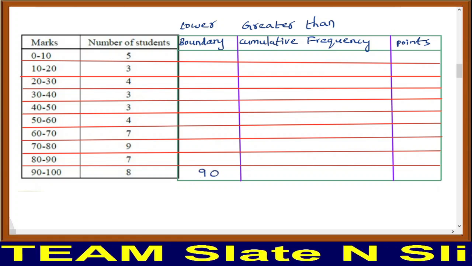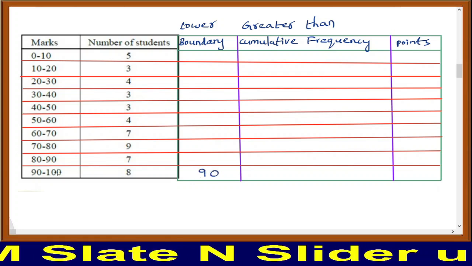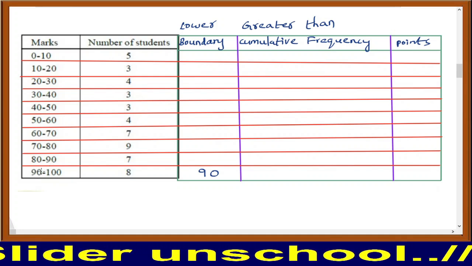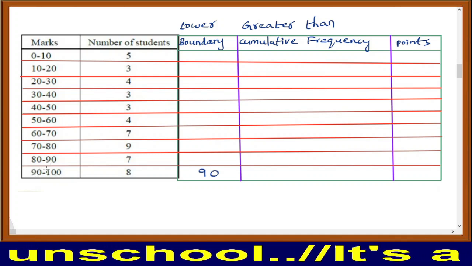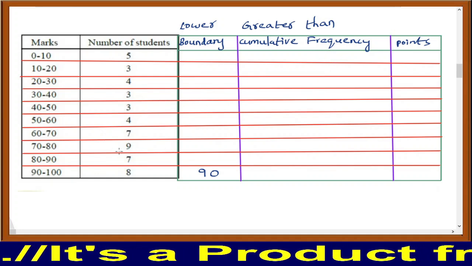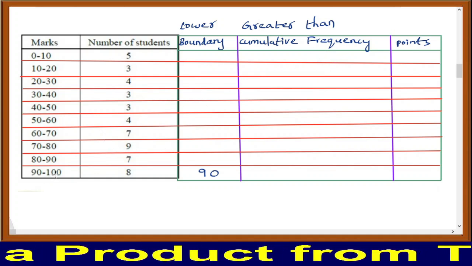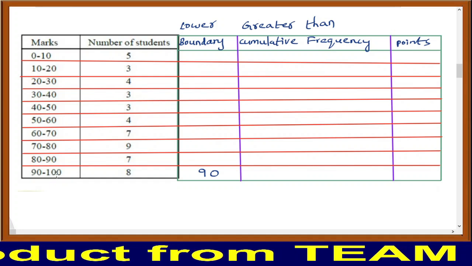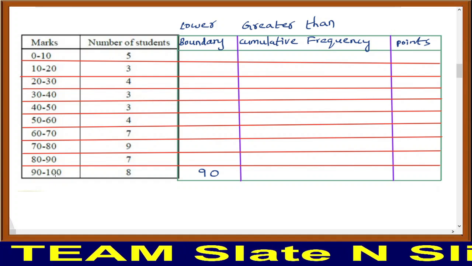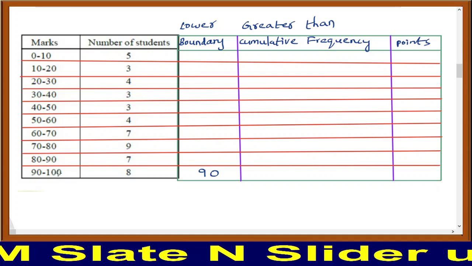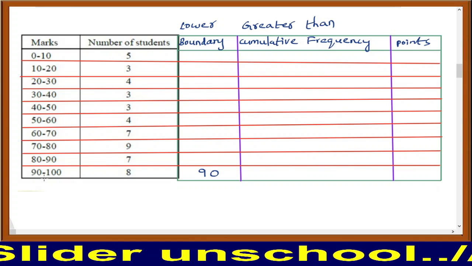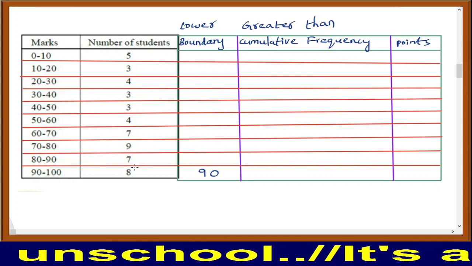In this 90 to 100 class interval, 90 is the lower limit, or here we can take it as the lower boundary also. For the greater than cumulative frequencies, we choose the lower boundary, because we cannot take 100, as no students got more than 100. For 90 it is possible. That's why we should take the lower boundary.